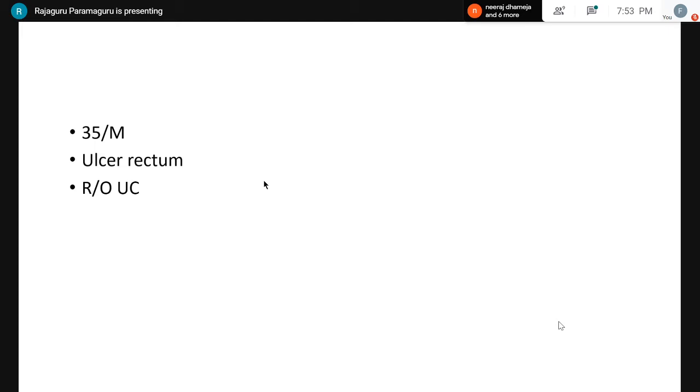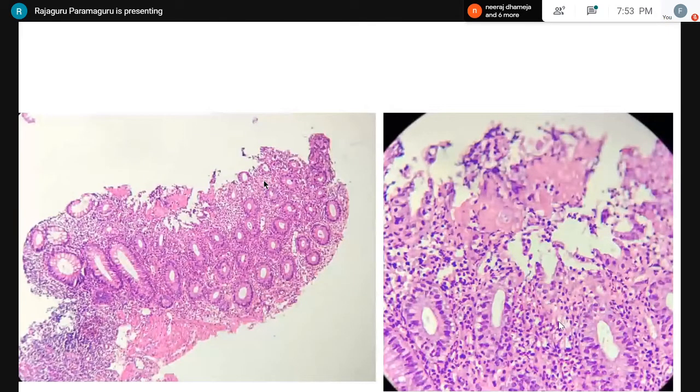And what we got over here is again a lot of inflammation in the lamina propria. In the crypts, there is not much distortion, but there is enlargement and some dilatation here and there.